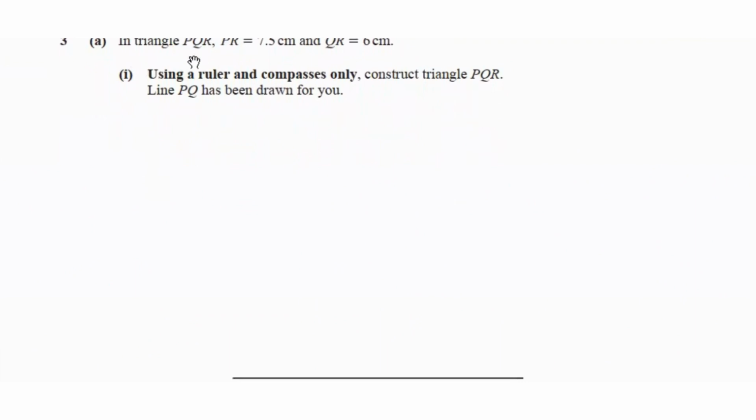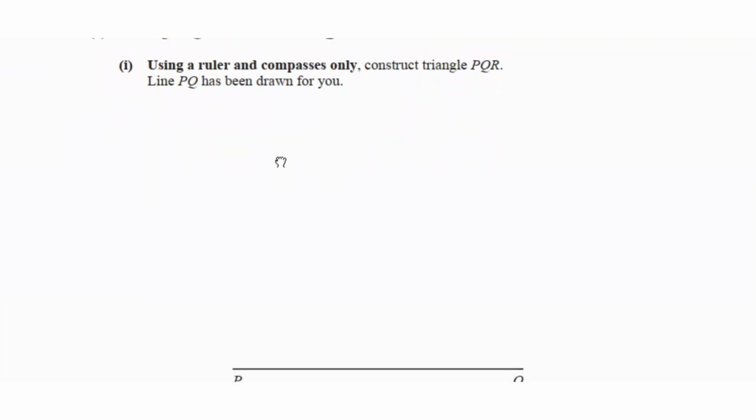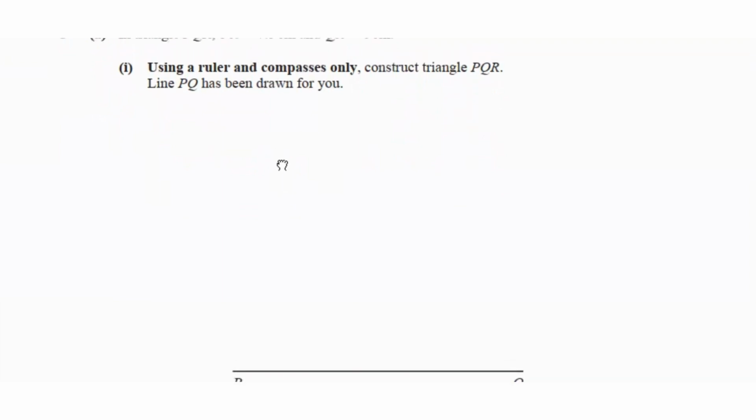In question 3, it says in triangle PQR, PR is 7.5, QR is 6. Using a ruler and compasses only, construct triangle PQR. Line PQ has been drawn for you. So if line PQ has been drawn for us, we have to find where PR and QR would be. So from P, we will open our compass to a distance of 7.5, put it at P and draw an arc over here.